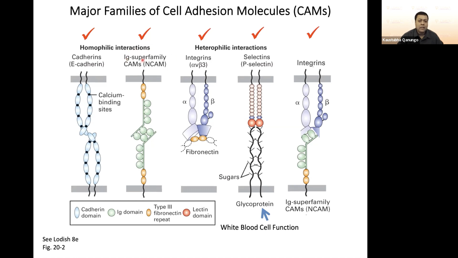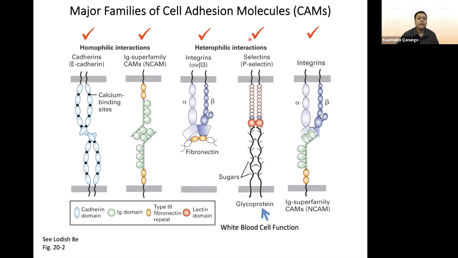This is a very large superfamily, hundreds of different proteins. They share a similar structural basis, but they are not Y-shaped like a typical antibody molecule. They are called the Ig superfamily of the CAMs. Depending upon where they are, there are many different types that we are going to talk about. Again, if they're both the same, they are homophilic interactions.